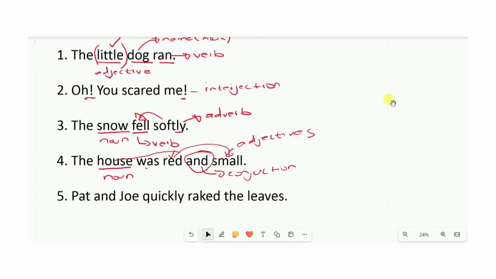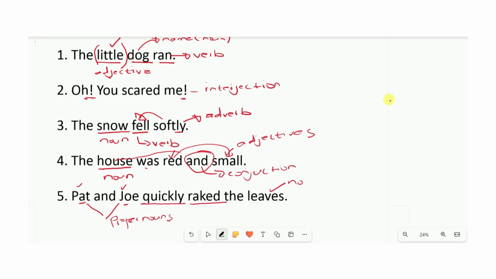Pat and Joe quickly raked the leaves. We've got Pat and Joe written in capital letters, and then ultimately these are our proper nouns. Quickly raked the leaves.